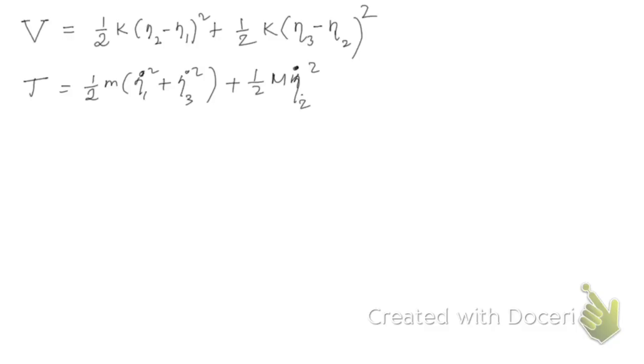Now you see, as I have already shown you, this one was nothing but like this: half m eta1 dot square plus half capital M eta2 dot square plus half small m eta3 dot square, right?